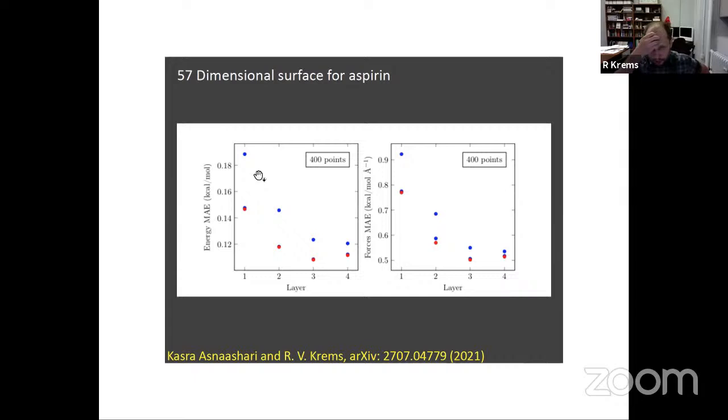Actually, the molecular descriptors that we use for this problem lift those 57 dimensions to 215 dimensions. So the model we actually build is in 215 dimensions. But you see, you have a 215-dimensional problem that you describe with only 400 geometries in that 215-dimensional space.